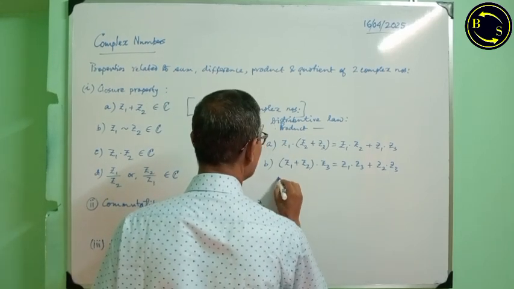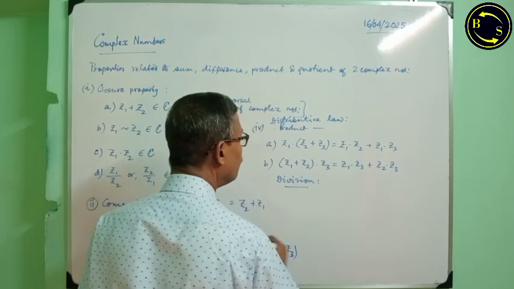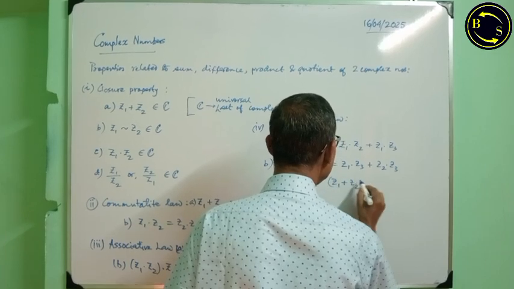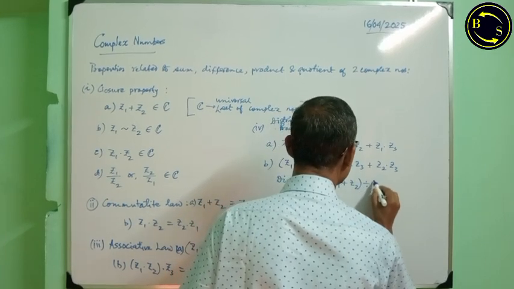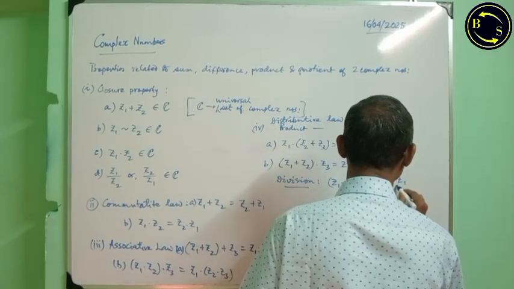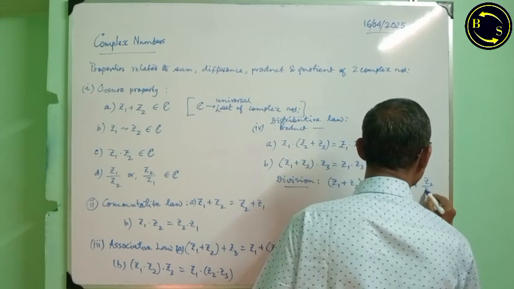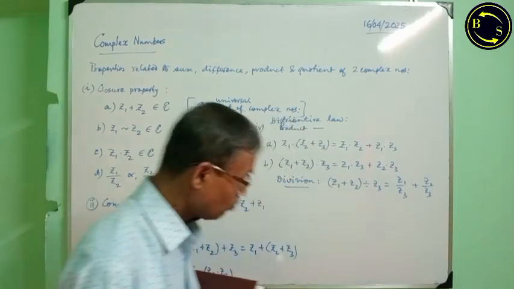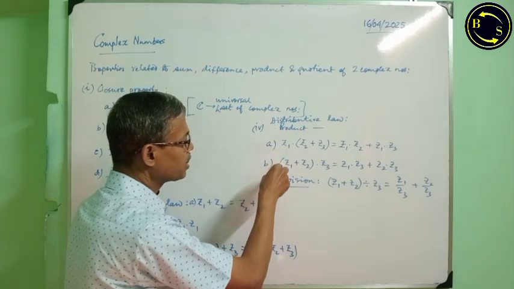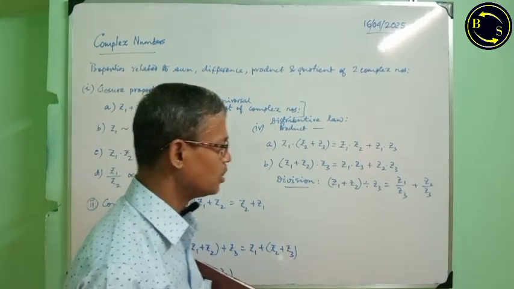Then Z1 plus Z2. Distributive law for multiplication case, two cases, from left, from right, and in case of division, this one.